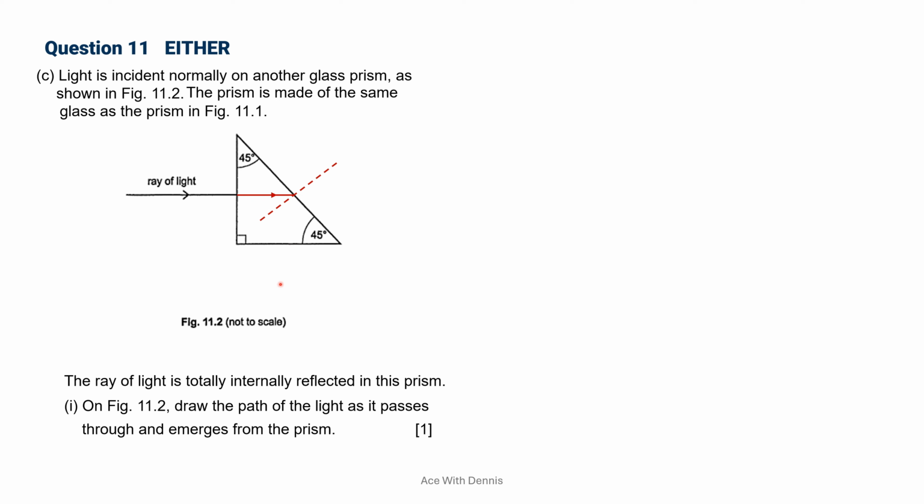When it reflects, the incident angle, which is 45 degrees, will be the same as the reflected angle. So we complete this ray; this will be 45 degrees. When it goes out, this is another perpendicular. The ray is perpendicular to the surface, hence it will still go straight. So this will be the complete ray diagram.